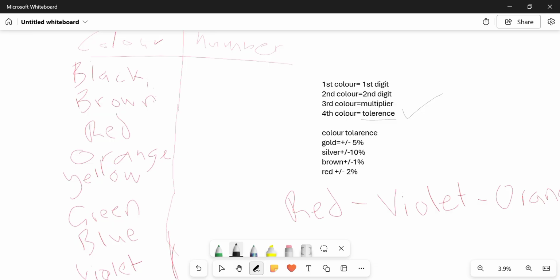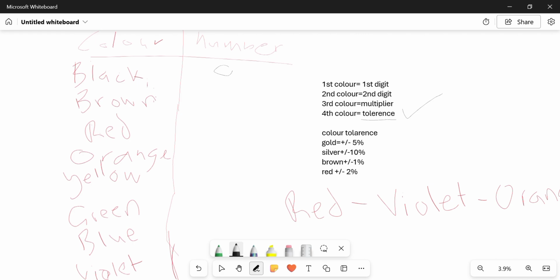It determines the accuracy of the resistor. It gives you the exact two numbers, or less or more, between which the resistor lies, the most accurate value you can get.